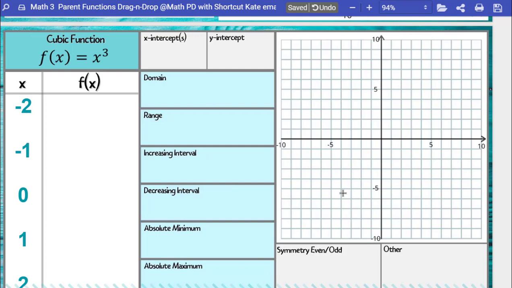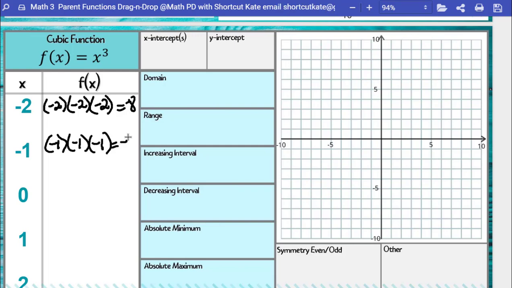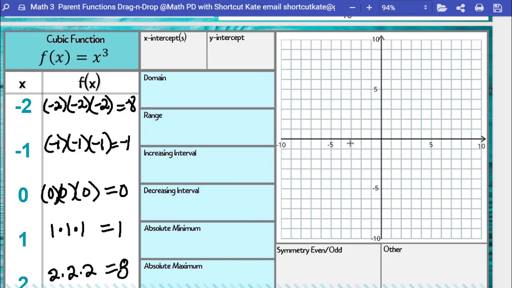All right, x cubed, or the cubic function. This time you have 3 x's being multiplied. Okay, and then we're going to graph that function.